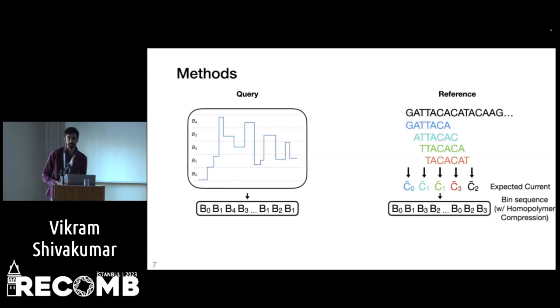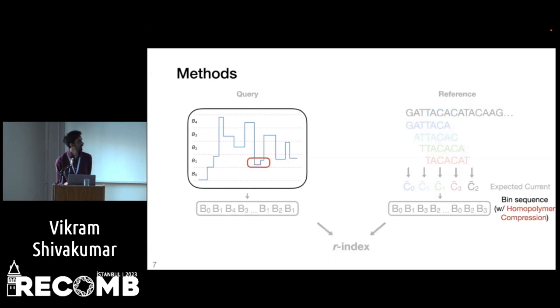To treat the reference the same way, we digest the reference into k-mers, in this case 6-mers, which represents the length of a sequence that is characteristic of the output electrical signal in the pore at any given moment, and we can find the expected current for each k-mer and then apply the same binning procedure to the reference. And so we can pass this reference and these queries, now that they're in the same discrete alphabet space, into the r-index and use these sequence-based indexing procedures for computing exact matches.